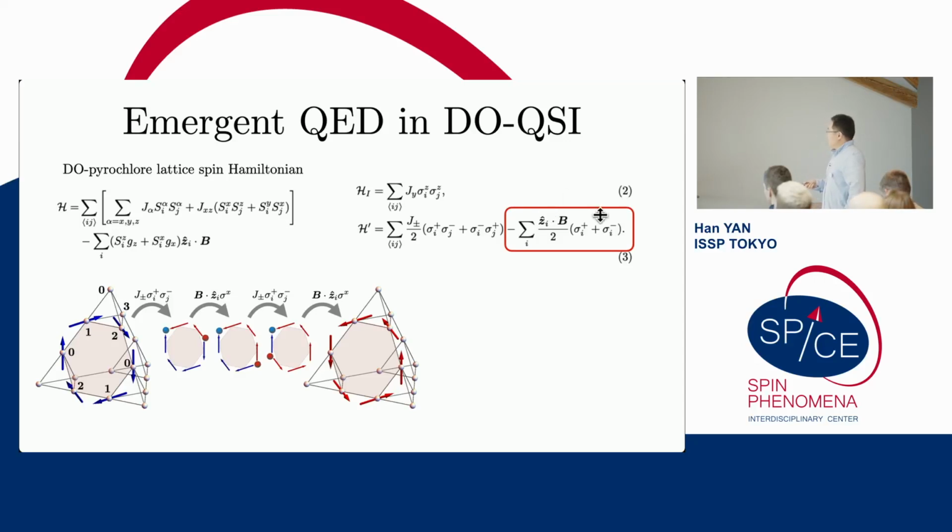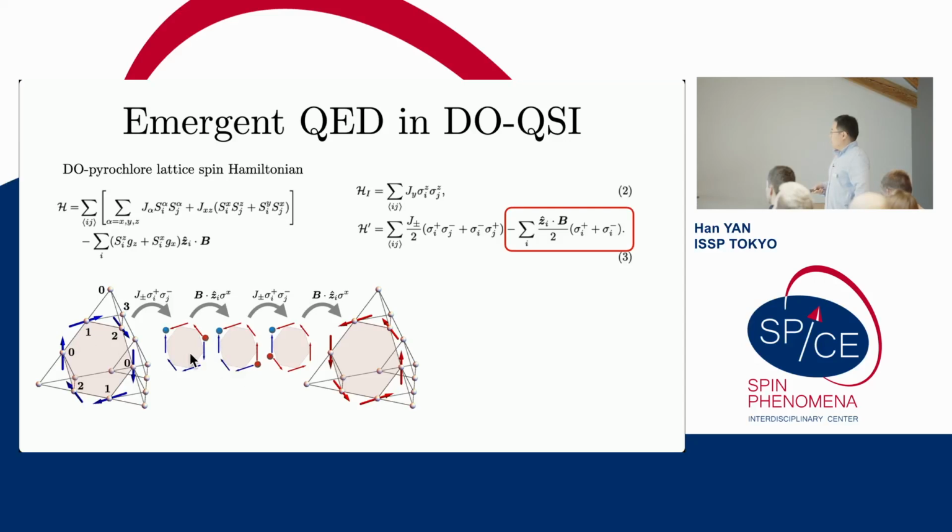So now, once you have this term, what happens is when you generate this loop flipping term, which is the most important term in controlling the photon dynamics, you have this additional process of flipping just one spin, introduced by this B sigma X term.